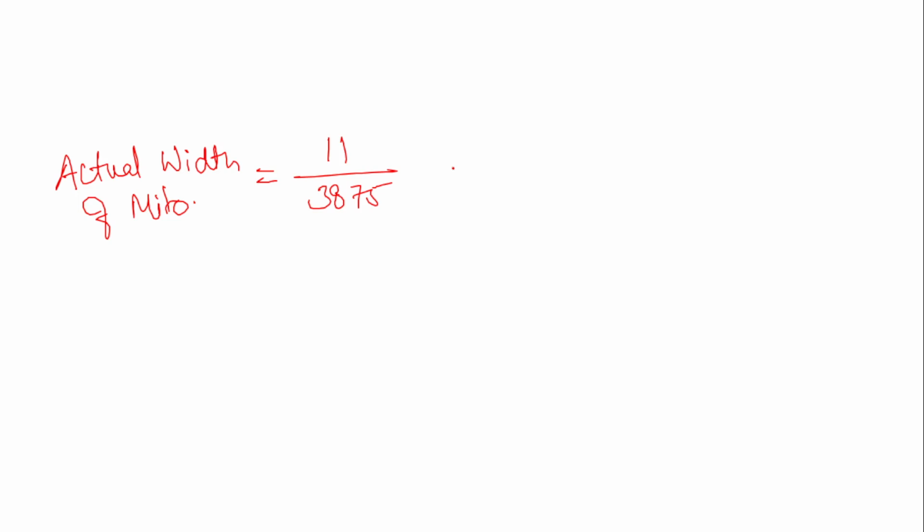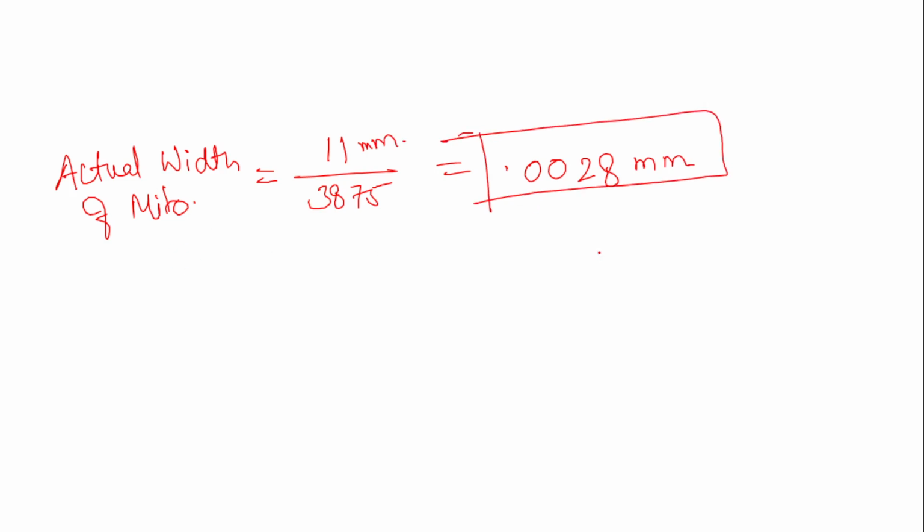All right, so just solve it and you'll find the answer. So this is somewhere around 0.0028 millimeters because this is in millimeters that we have measured using our scale. So this will be the actual width of the mitochondrion, and if you want to convert it into micrometer, then it will be somewhere around 2.8 micrometer.